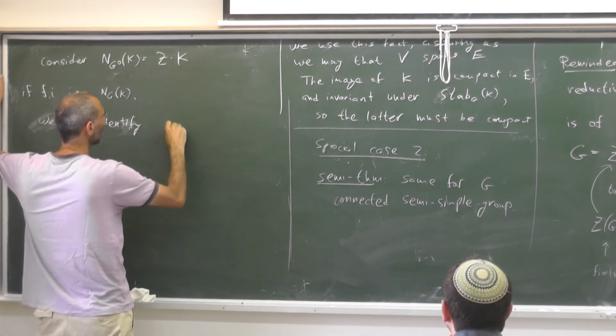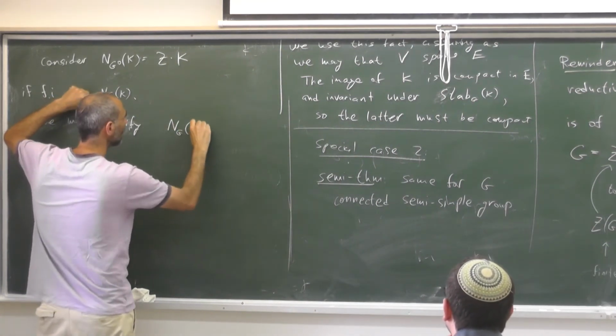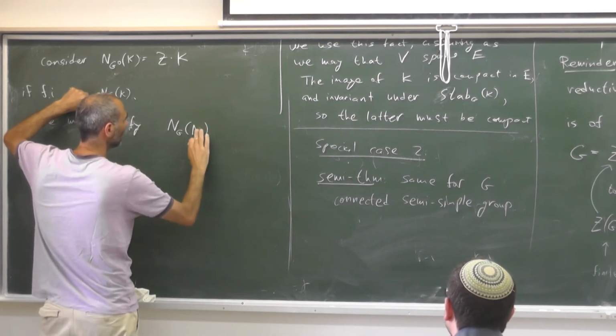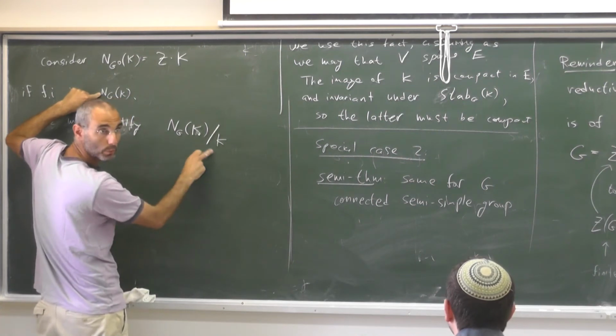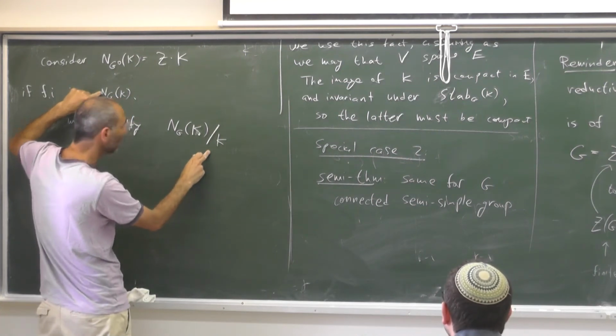Take this one, and divide by this normal subgroup of it.